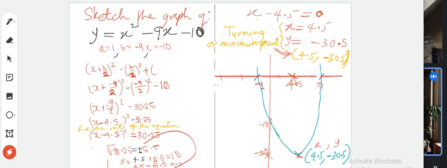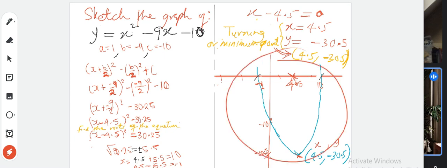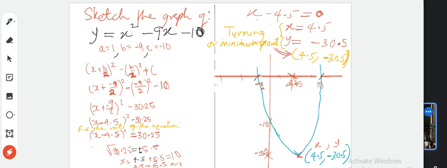I think that's what we eventually did here. Okay, it should serve as a good reminder, and eventually you have it plotted this way. Like I said, you must identify the roots, which are the solutions, the turning point, and the intercept on the y-axis. Yeah, okay. Okay. Alright, thank you.